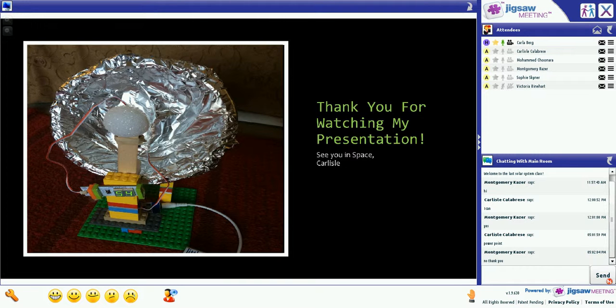All right, great job, Carlisle. I love how you made the little model to go along with your project. It was definitely a very interesting and informative project. Now, some of you joined partway through the presentation. Carlisle did a fantastic job. Does anybody want to make any comments or ask Carlisle any questions? I'm going to remind everyone that everyone worked on their projects very hard. If you are going to make a comment, please make sure it is a positive comment. And if you have a question, we'll see if Carlisle can answer it.